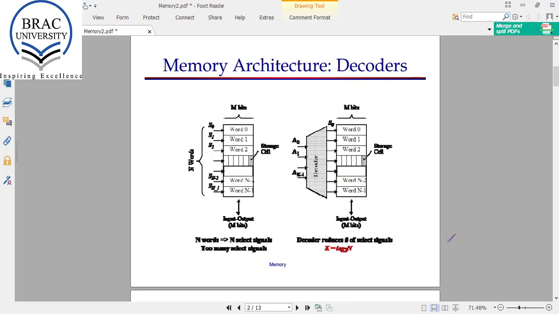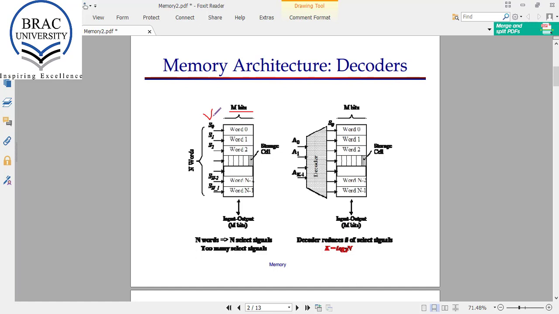Here we have a memory architecture. This is the memory chip. We have m-bit words, that means one word contains m bits, and we have a total of n words. If we want to select any word, then we have to use one of these control signals. But if we use one control signal for each word, there will be a lot of control signals that is difficult to handle.